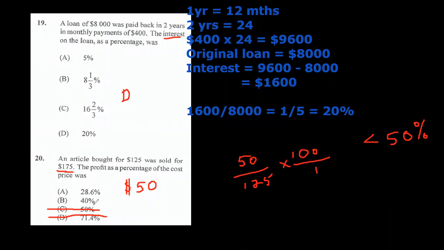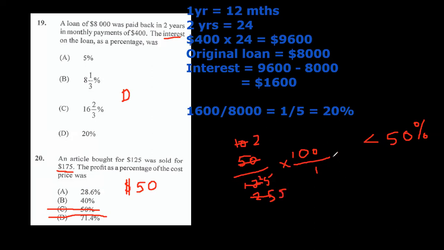So we have the 50 over 125. Also, we don't even need to multiply by 100. What we can do is simply break it down. 5 into 50 is 10. 5 into 125 is 25. So 10 over 25 breaks down to 2 over 5.